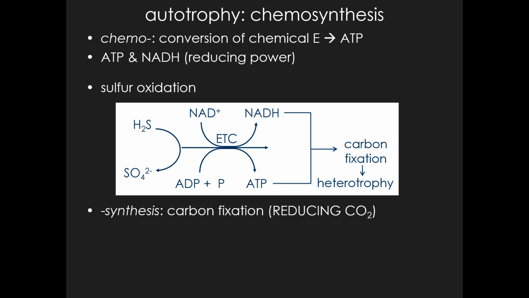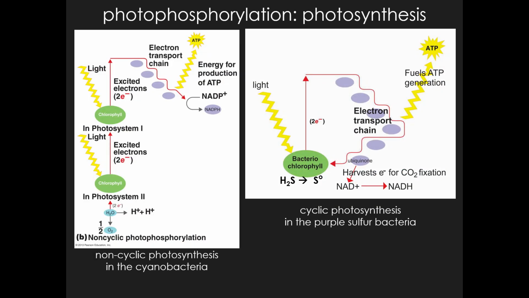Now we're going to move on to photosynthesis, which should be a little bit more familiar to you from general biology. So photosynthesis involves the production of ATP from ADP using solar energy. A lot of times you'll hear it referred to as photophosphorylation.